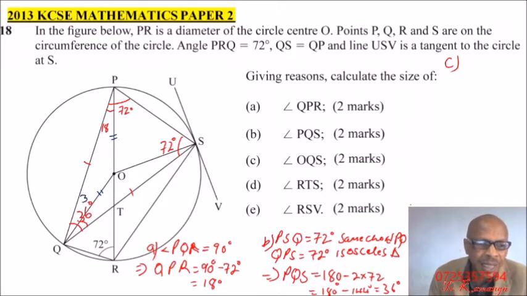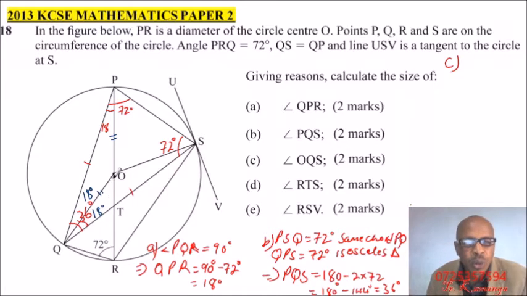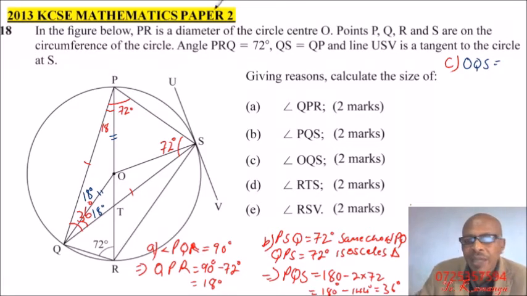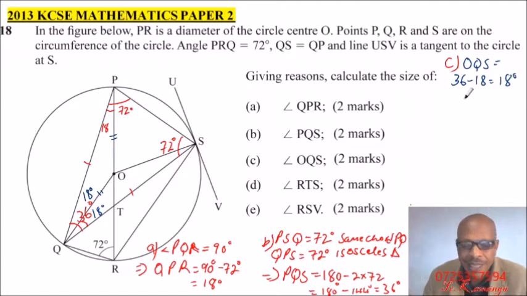Therefore this angle here is 18, the same as this angle. So OQS is equal to 36 minus 18, which is equal to 18 degrees.